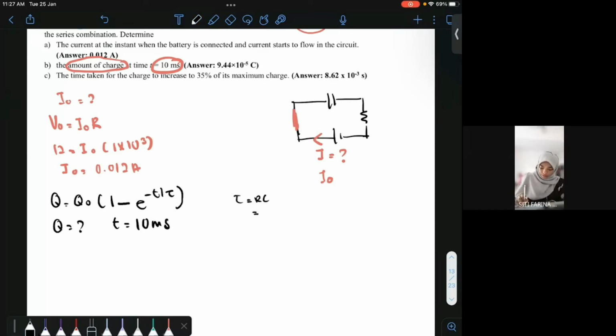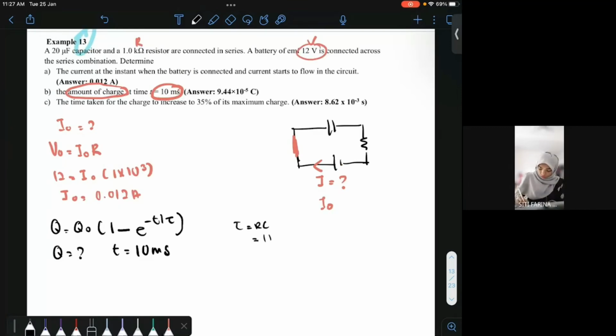R adalah 1 kilo darab dengan 2 mikrofarad. Tekan kalkulator, boleh dapat nilai tau kamu, which is 0.02 second. Ini tau. And then next adalah you have not got the value of Q naught. Belum tahu lagi nilai Q naught kita. Okay, kita nak tahu berapa kita dah charge selepas 10 millisecond.